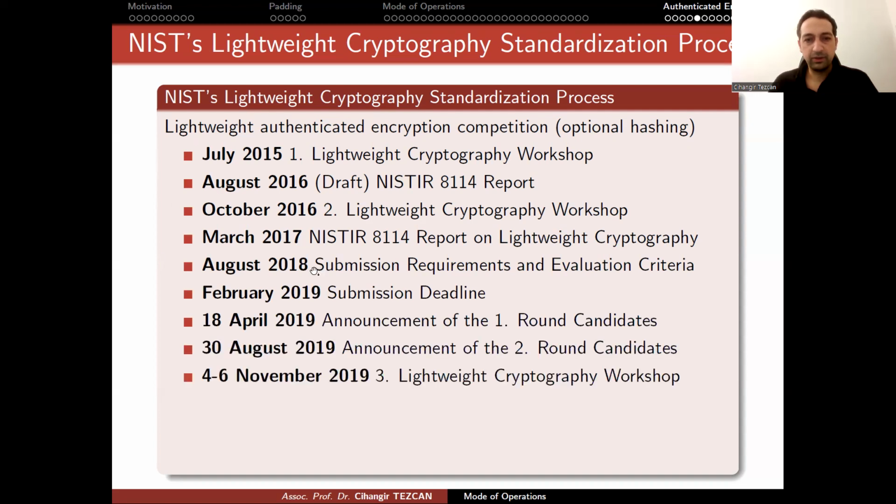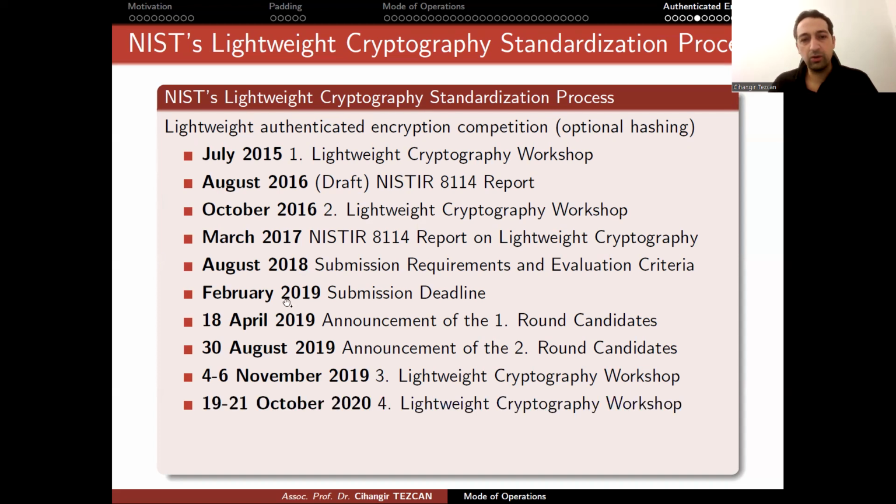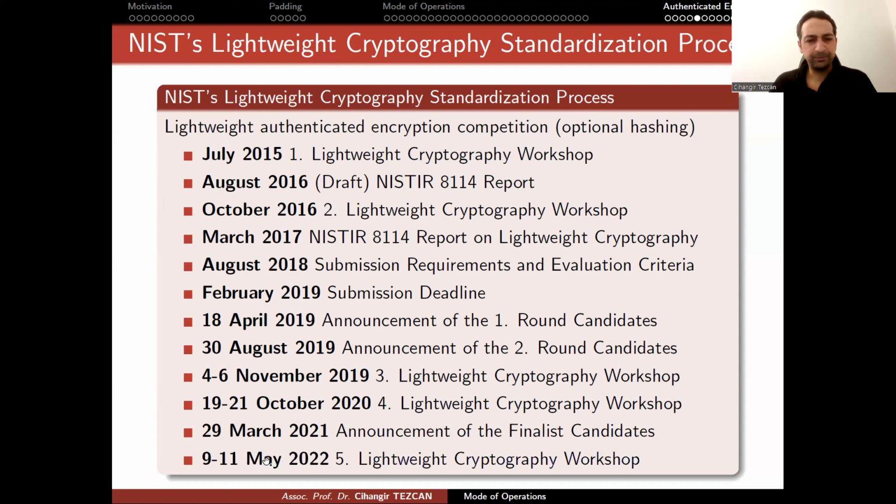The submission requirements were announced in 2018, and the candidates applied around 2019, and currently 10 finalists were announced in March 2021. So we are expecting to have a winner or winners in the following one or two years.